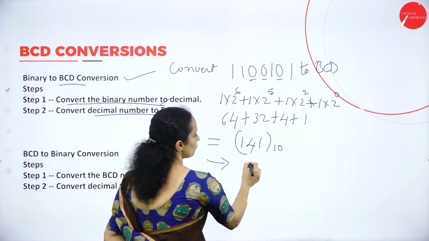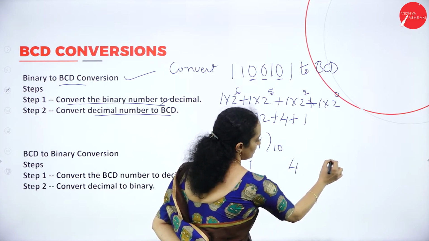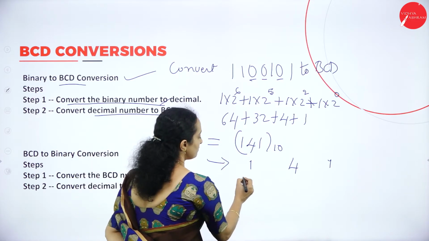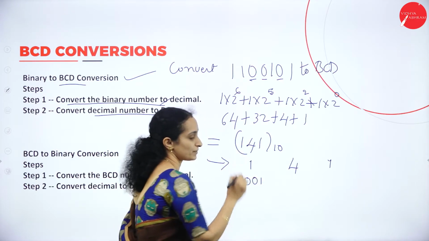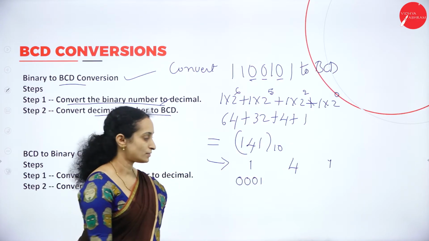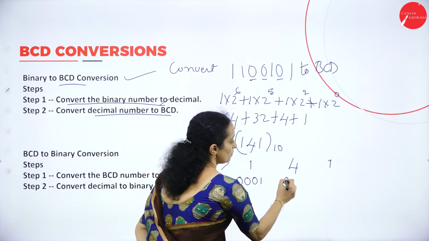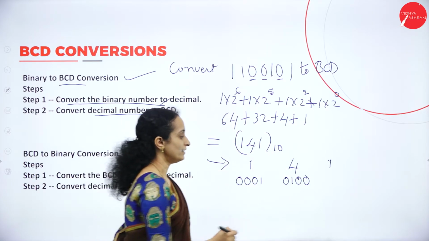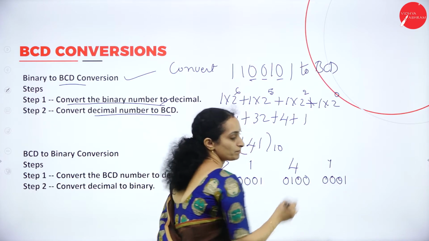Now, we know how to represent BCD. Each digit in decimal will be represented using the BCD value, 4 bits, 8421. 1 can be represented as 0001, whereas 4 can be represented as 0100. And 1 again is 0001. Okay.